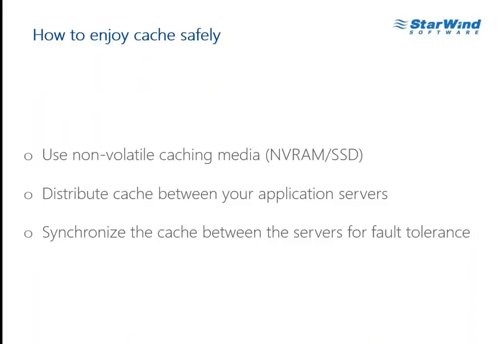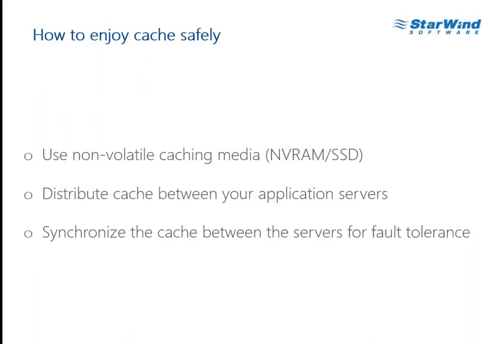First one, the easiest way to go, is to use non-volatile caching. So we use battery-protected caching like you already do in most of the RAID arrays you have in your servers. Then you can use SSD caching, which is safe enough, because if your server fails, the data is not lost. And that's the way to do it with Flash.